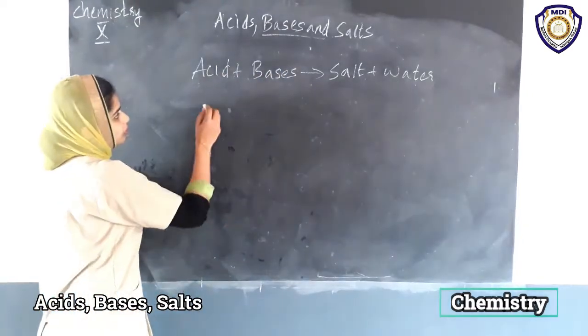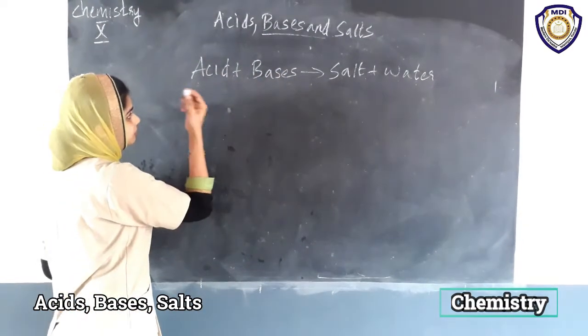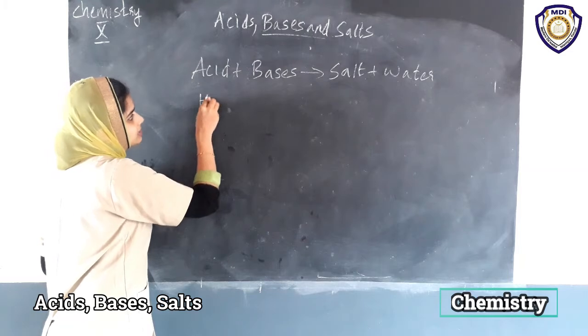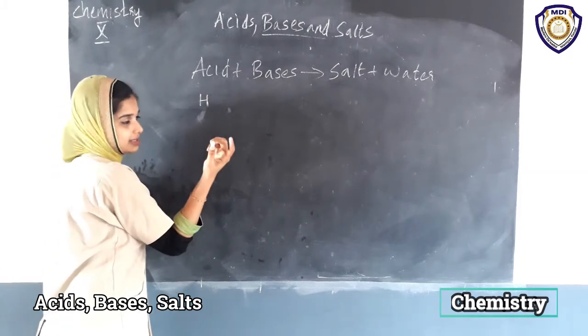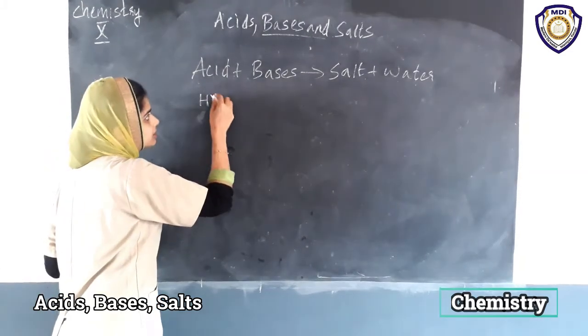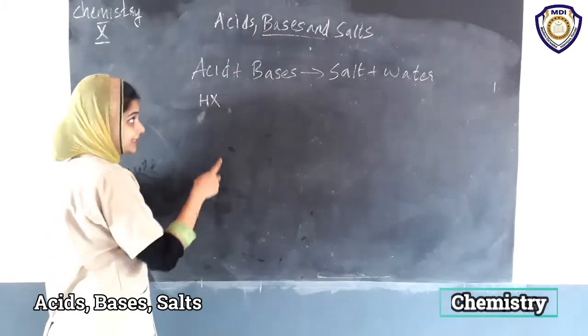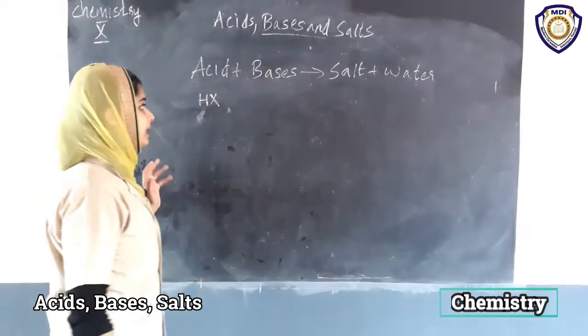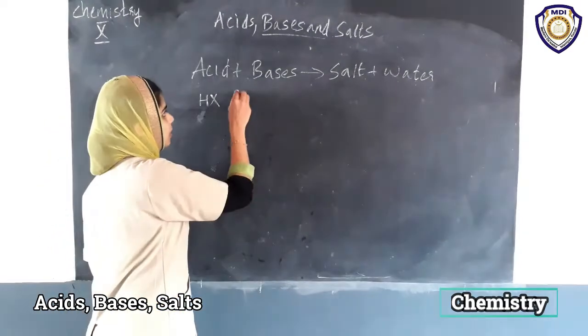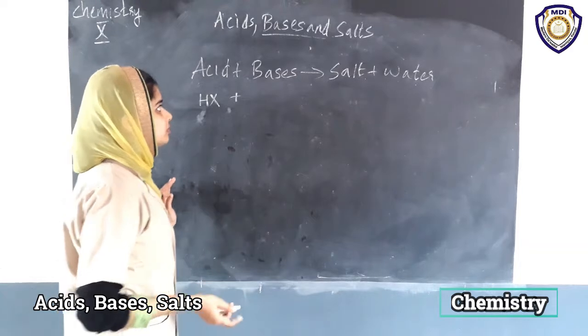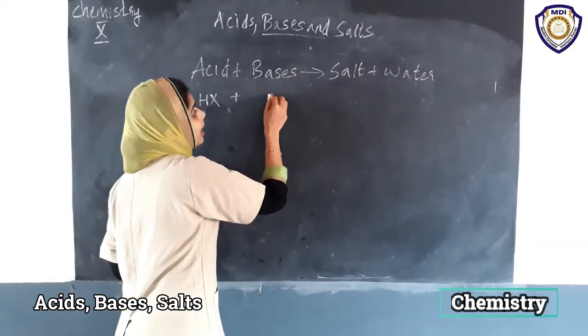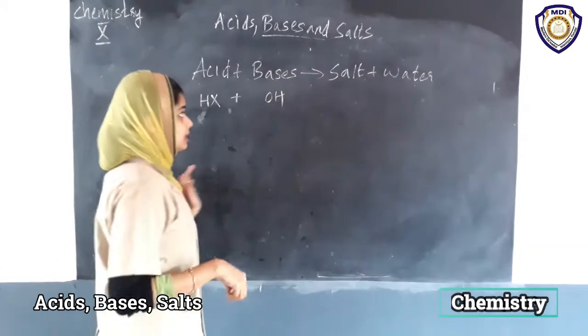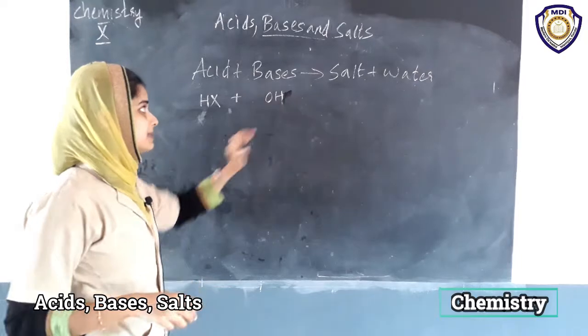So we can write it as: H is common in any acid. So it's also with an X. X can be any element. So then there is OH, which is common in bases.